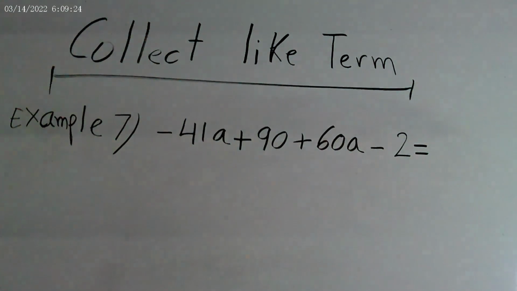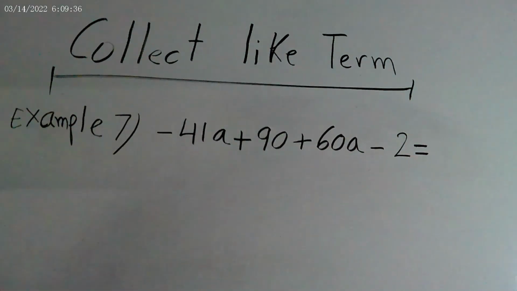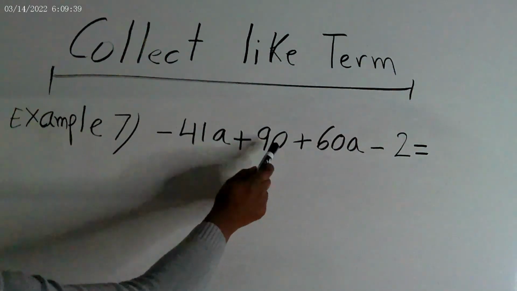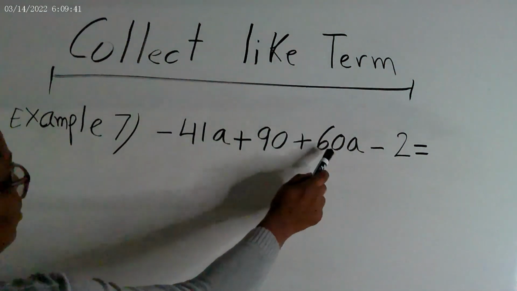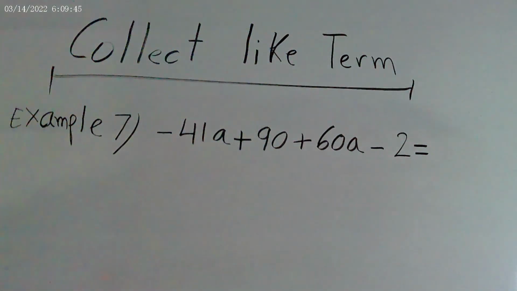Okay, now let's see. We're going to collect like terms. You have minus 41a plus 90 plus 60a minus 2 equal. So we're going to collect like terms.